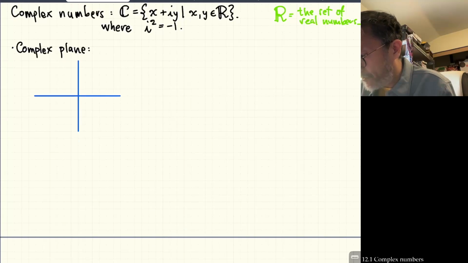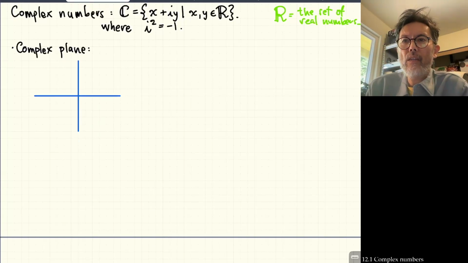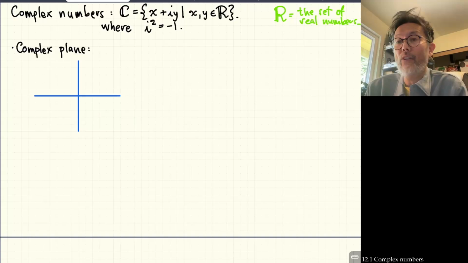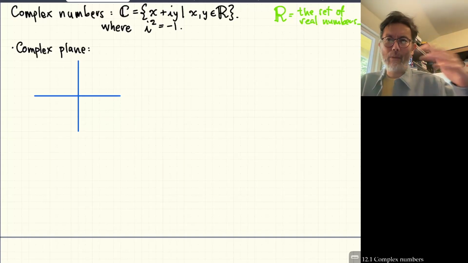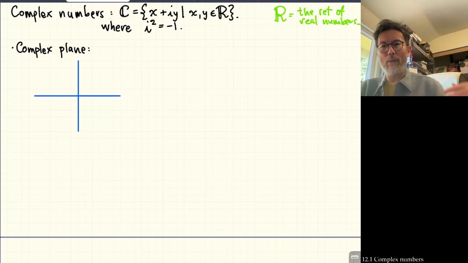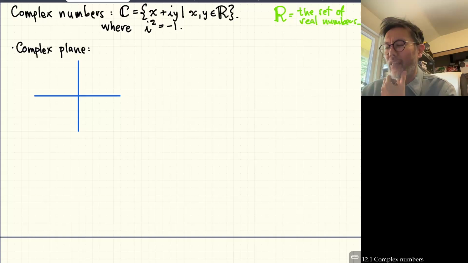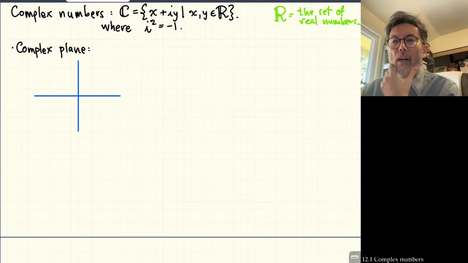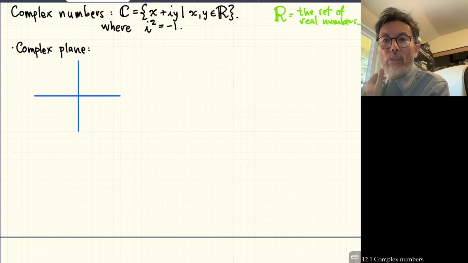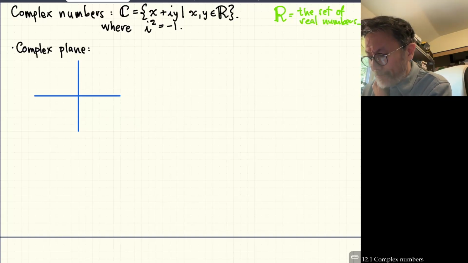If you learned about vectors, particularly vectors in the plane, it's going to feel very similar. You're going to be able to use that idea to understand what's going on with the complex numbers.